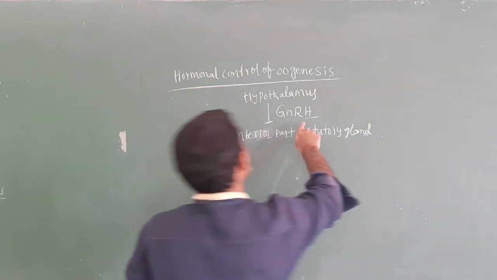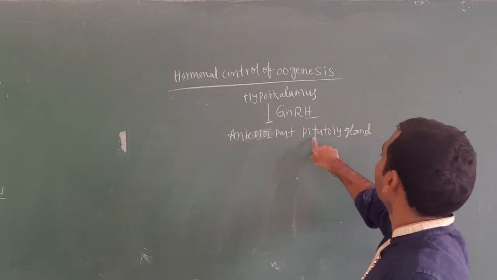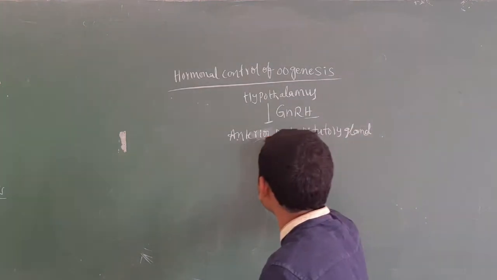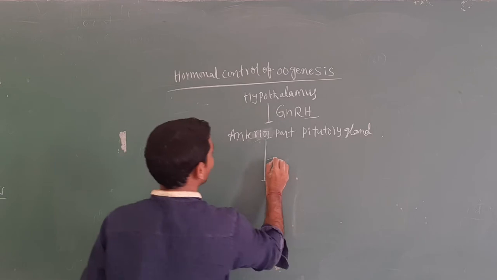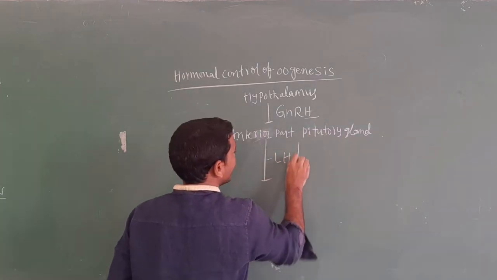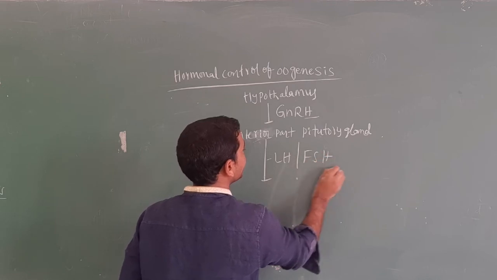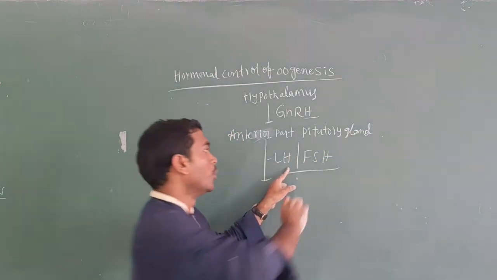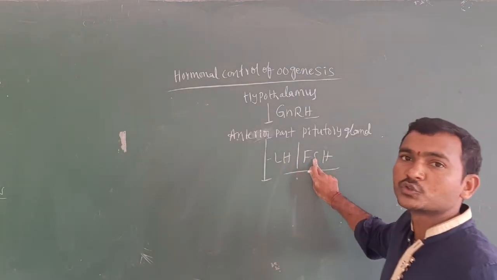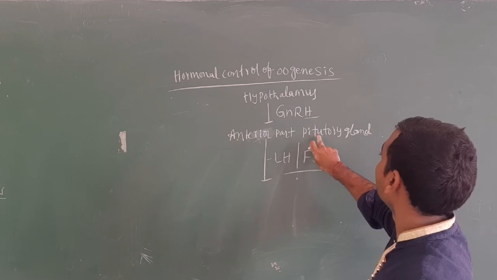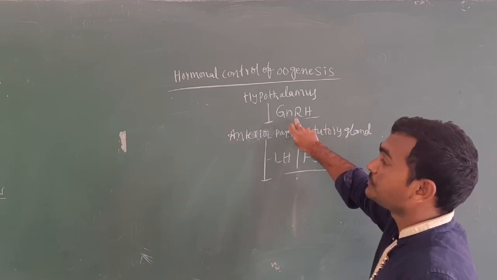From the anterior pituitary, two hormones are released: LH and FSH, luteinizing hormone and follicle stimulating hormone, under the influence of GnRH.